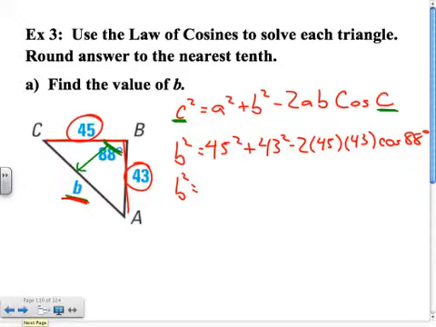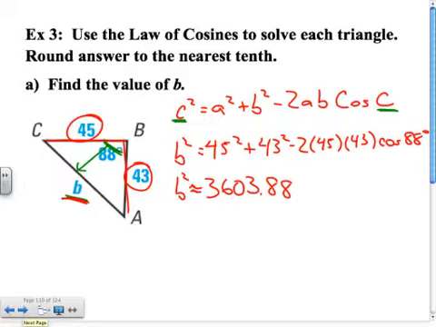So I'm going to do 45 squared plus 43 squared, and then minus 2 times 45 times 43 times cosine of 88. See what we get here. I believe we should get b squared equals 3603.88. That's roughly, it's an estimate.